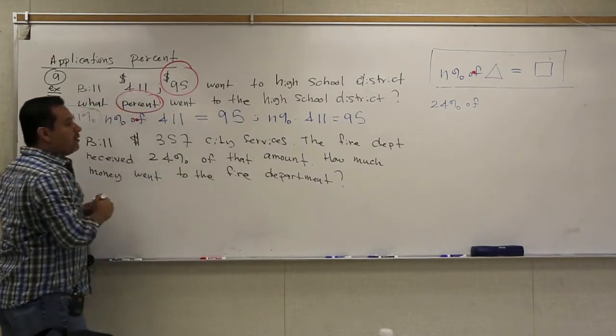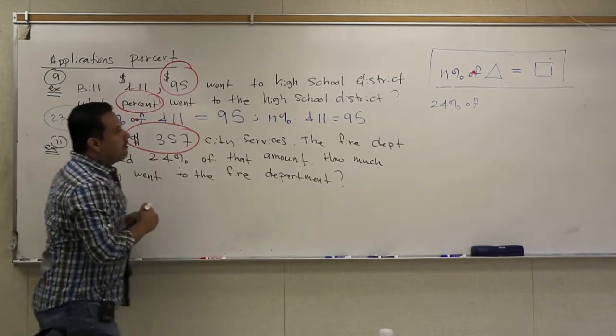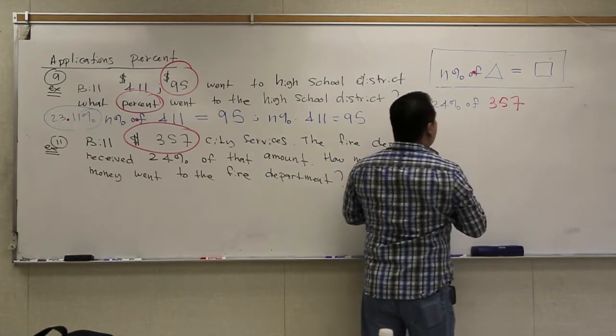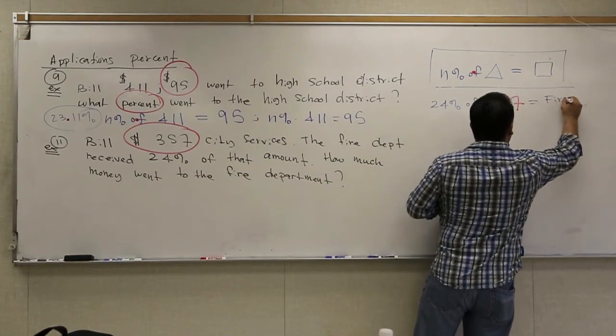What amount are they referring to? The 357. So 24% of 357 will give me the amount that goes to the fire department.